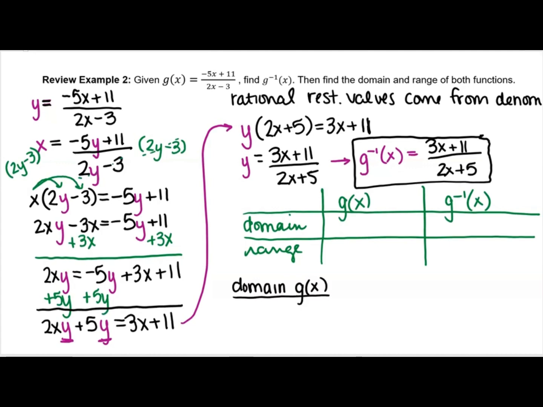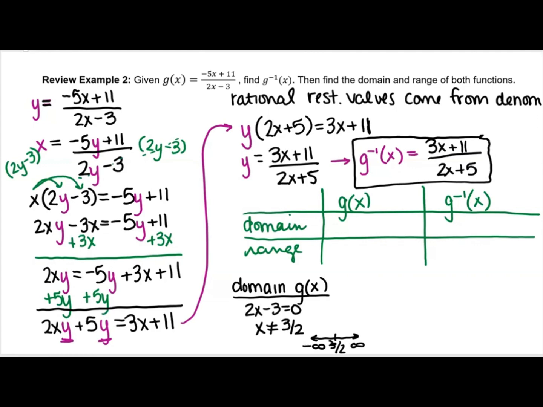We're going to take our denominator, set it equal to 0. When we add the 3 and divide by 2, we find out that x cannot be 3 halves. And if you want to do the little number line, you can. And the only number on there is going to be the 3 halves.